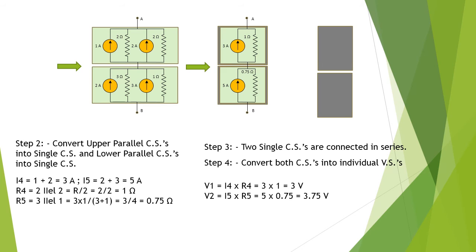V1 is the voltage for the first current source, and V2 for the other. So you get 3 volt and 3.75 volt, as represented here. The internal parallel resistance of the current source gets connected in series with the voltage source and becomes the internal resistance of the respective voltage source. So now we have this circuit from current source to voltage source.